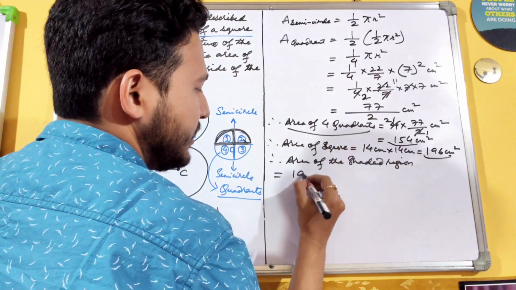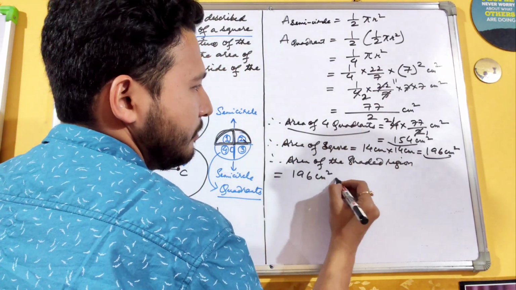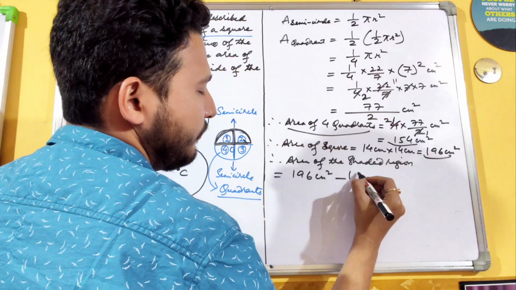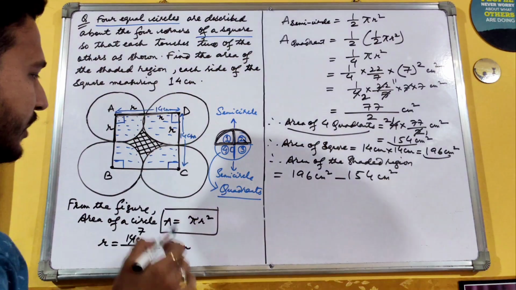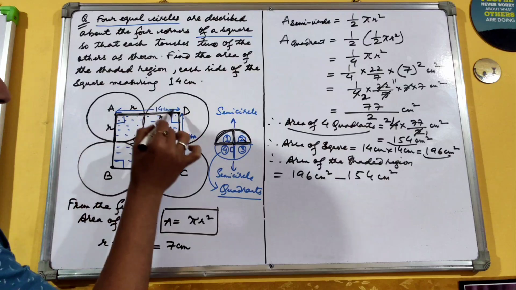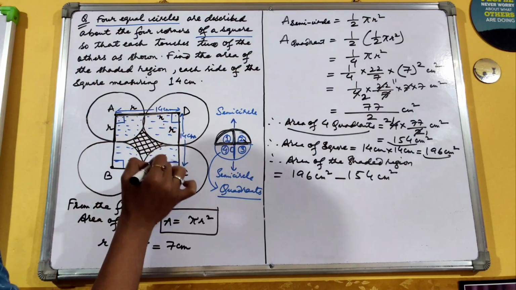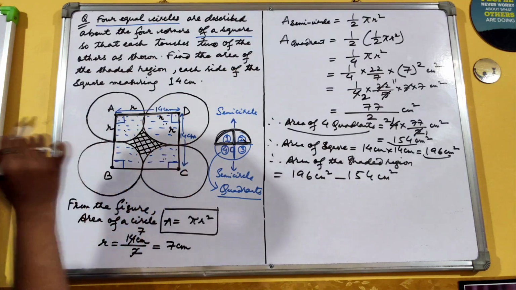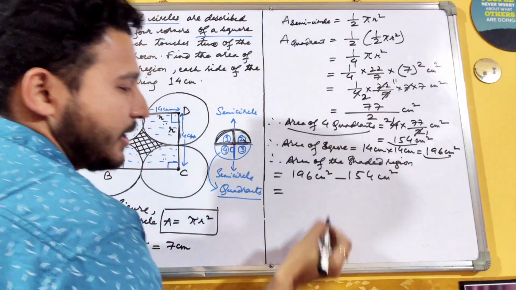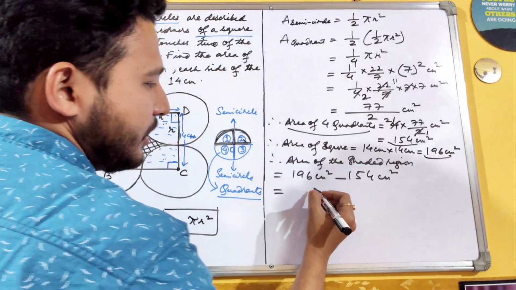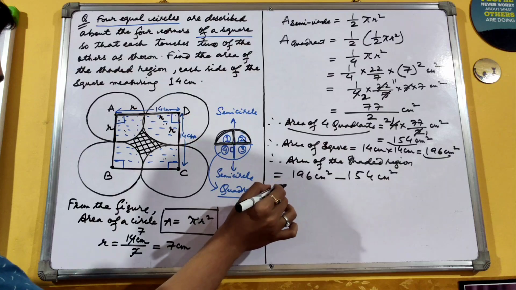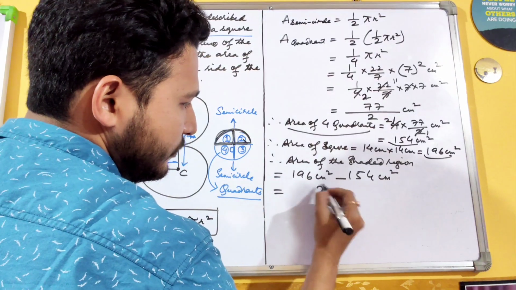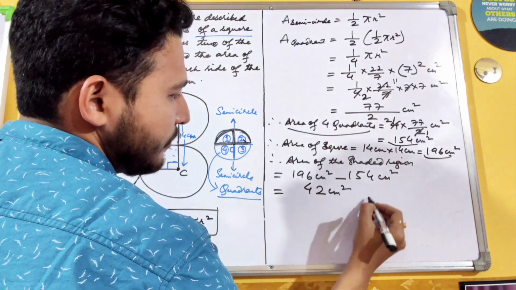Area of square is 196 square centimeter minus the area of the 4 quadrants, 154 square centimeter. I have already discussed that the area of the shaded region will be the area of the square minus the area of all the 4 quadrants. What is 196 minus 154? The answer will be 42 square centimeter.